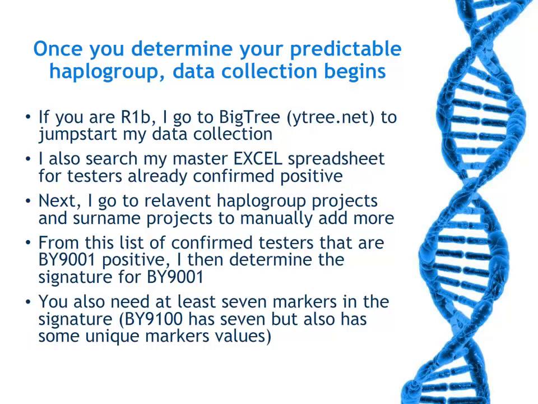Next, I go to relevant haplogroup projects and surname projects and manually add some more. And then from this list of confirmed testers that are BY9001 positive, including all the branches underneath, I determine the signature of BY9001. You need at least 7 markers in the signature, and BY9001 has 7, but also has some pretty unique markers as well.